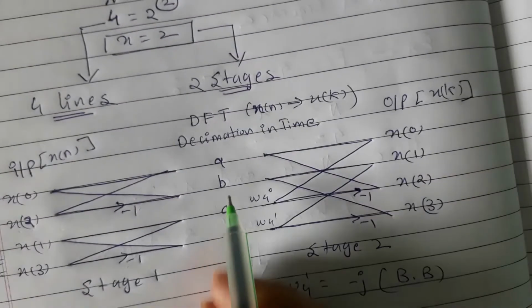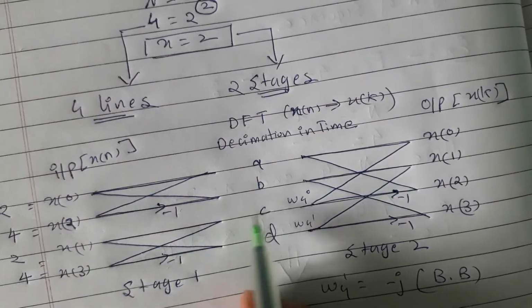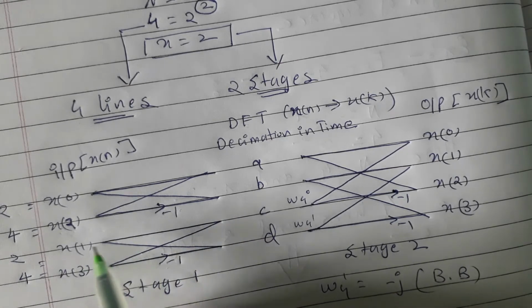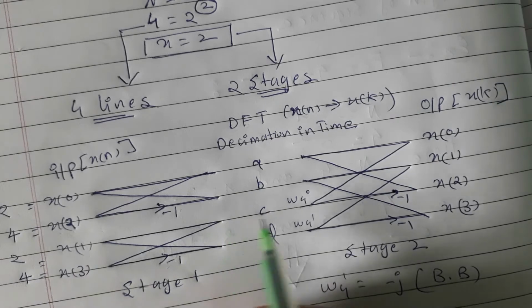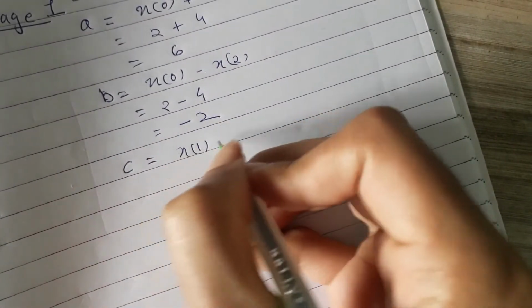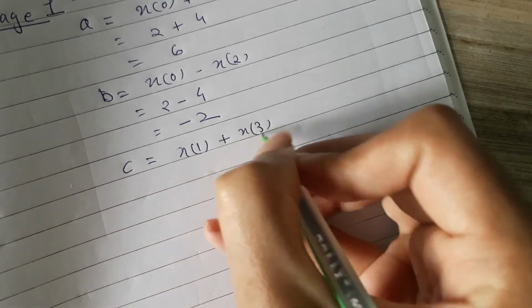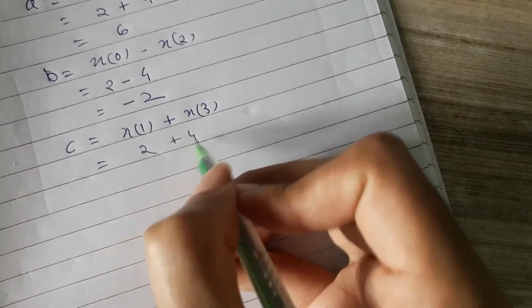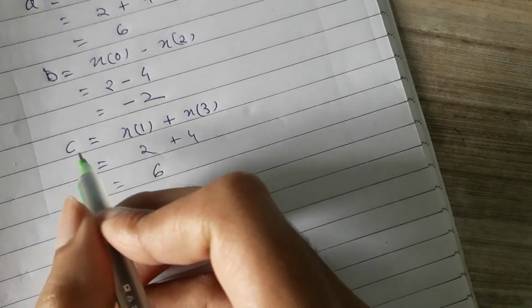Now we will calculate C. At C 2 points are coming, x1 and x3. So that is x1 plus x3, that is equal to C. In the question we have x1 and x3, 2 and 4. So we got our C point.